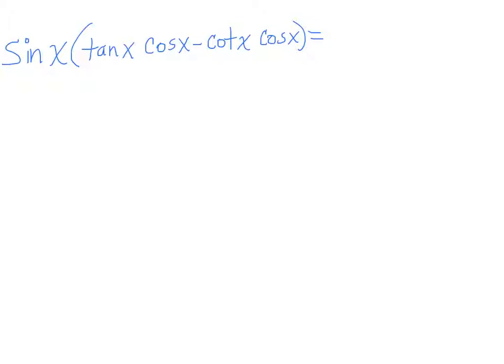On the right side I have 1 minus 2 cosine square of x.